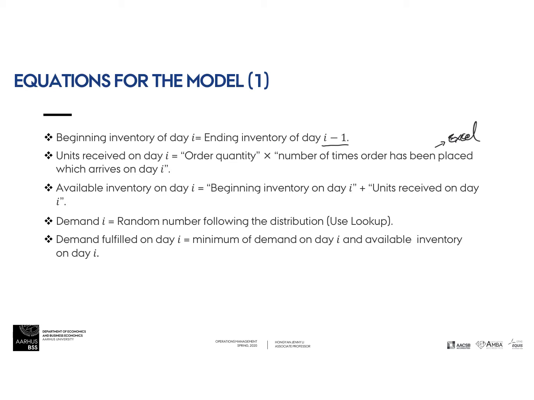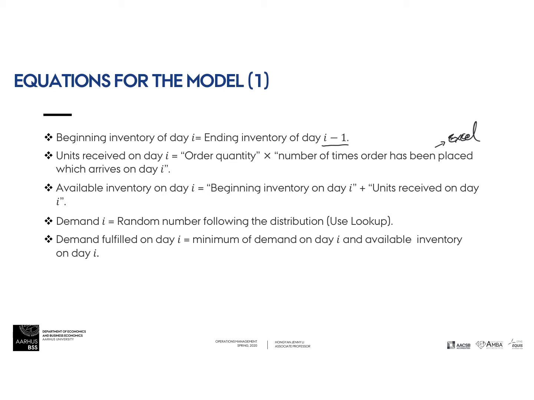Because given the lead time, you probably ordered multiple times, and the orders will only arrive after a certain time. We know you have this stochastic lead time, 1 day, 2 days, 3 days. So you always need to check how many orders actually were placed and arrive on the same day.